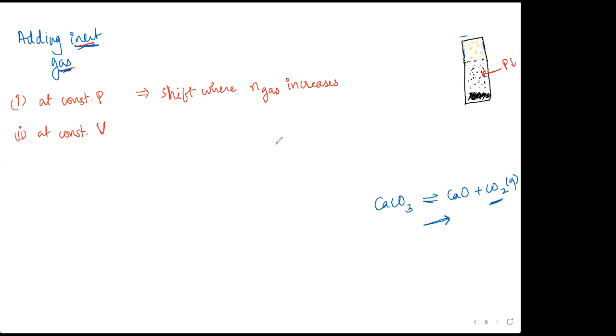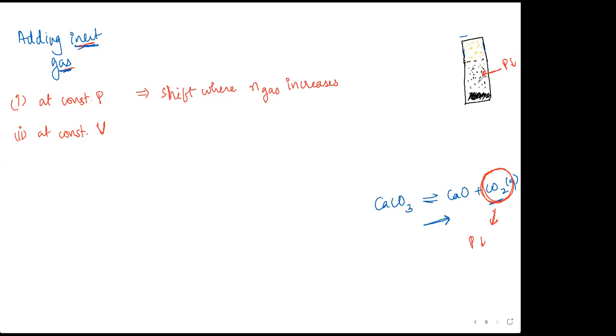So what happened to the partial pressure of CO2? Like if you consider only the reaction, what happened to the pressure of CO2? The pressure exerted by CO2 has increased or decreased? Decreased. Pressure decreased, right? Pressure exerted by CO2 has decreased.